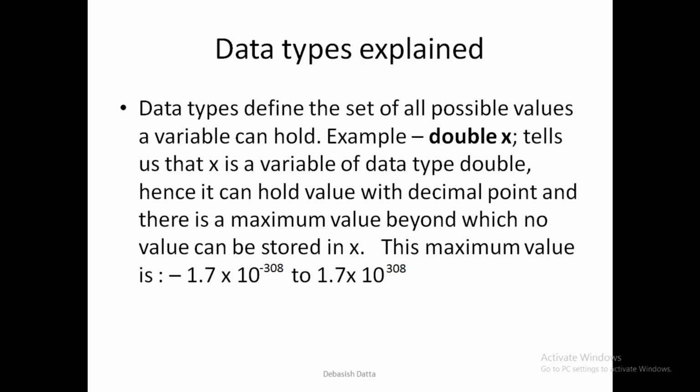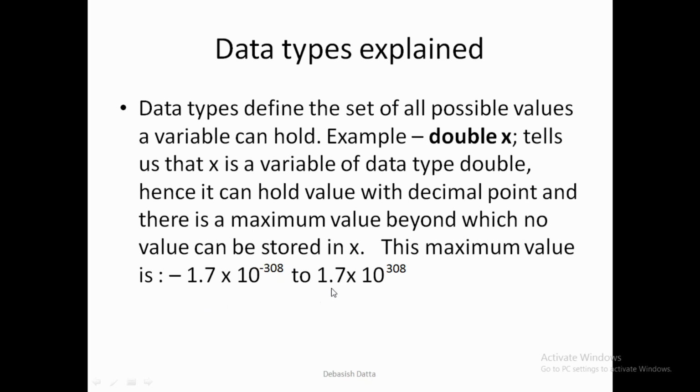Beyond this limit, beyond these two extreme points, these minimum and maximum values, a variable with a particular data type cannot hold any value. For example, the double type has this limit.